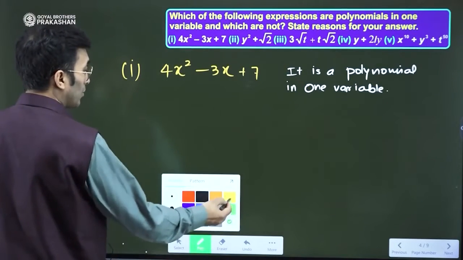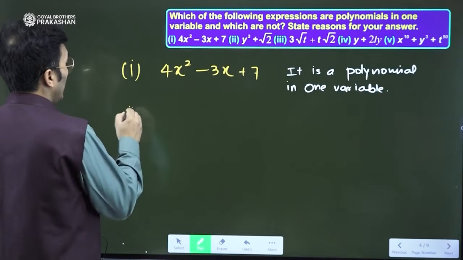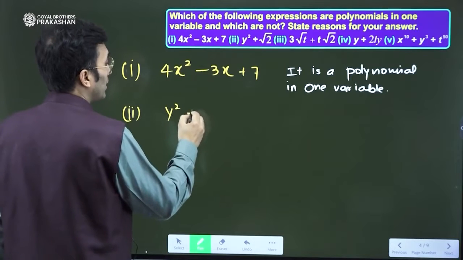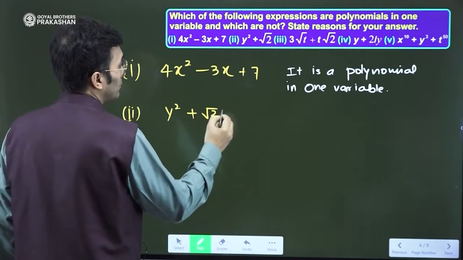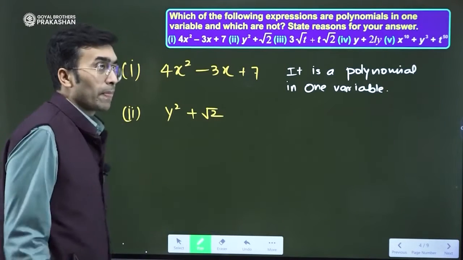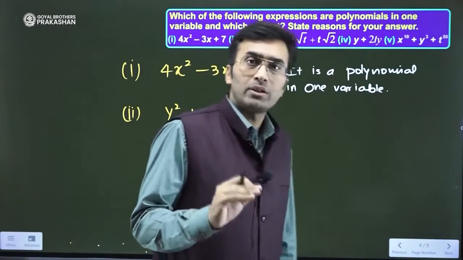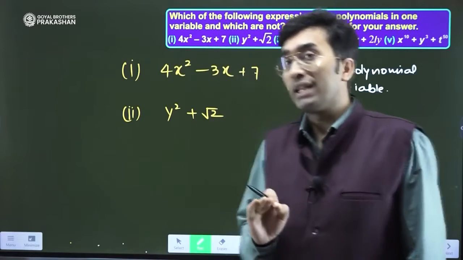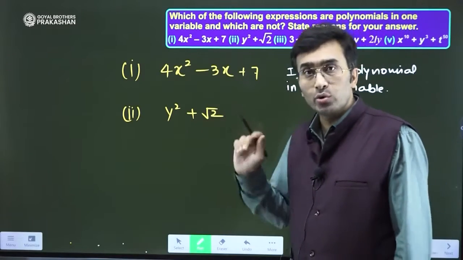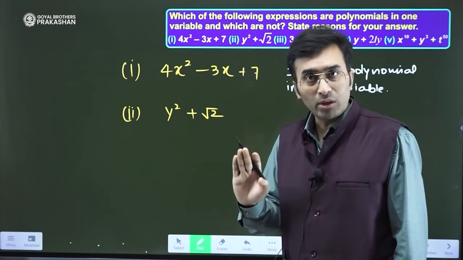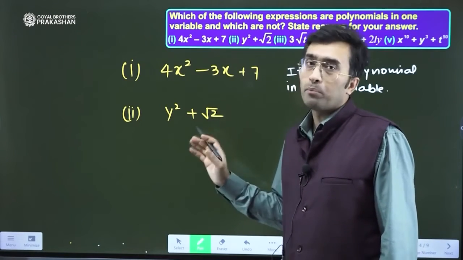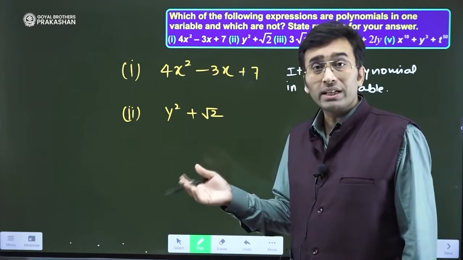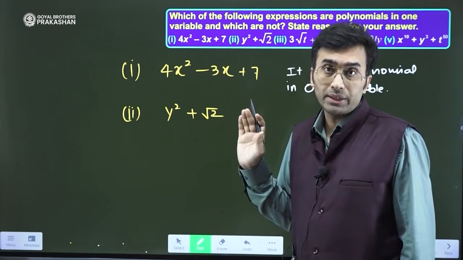Now we'll move to the second question. In the second question, this is written like y square plus root 2. If I have to check the polynomial, we see the power of the variable, and in this case the power of the variable is 2. This is a whole number, so it is a polynomial. Root 2 is a constant, it is not going to make any difference.